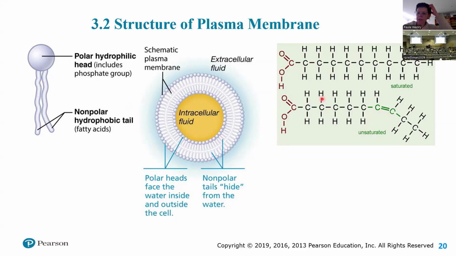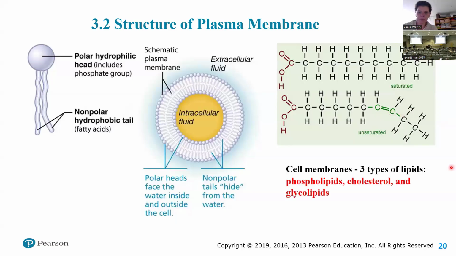No triple bonds in naturally occurring molecules in the body, okay, as a general rule. So if you have a double bond, that is your unsaturated fat. Okay. So 3 types of lipids in your membrane: phospholipid, cholesterol, and glycolipid.